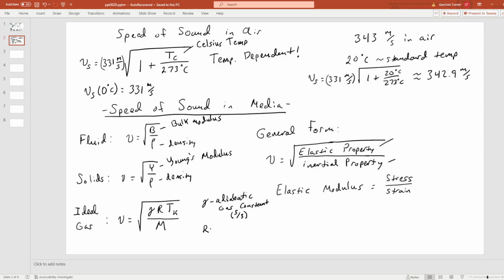R is the gas constant, and M is the molar mass. And for completeness, T_K is the temperature of your gas in Kelvin.